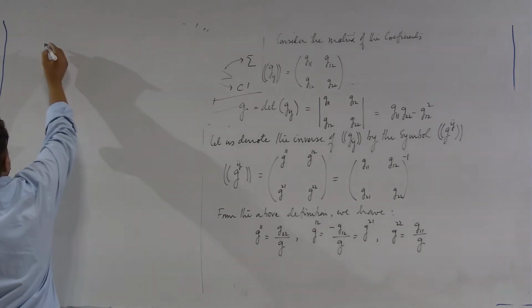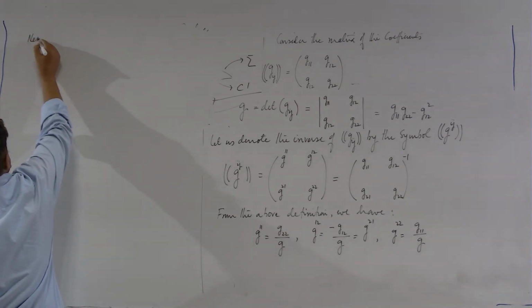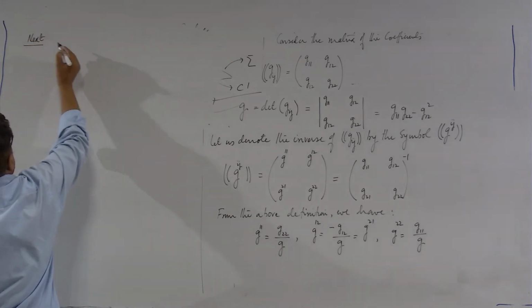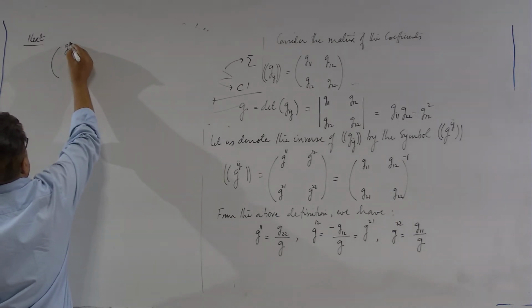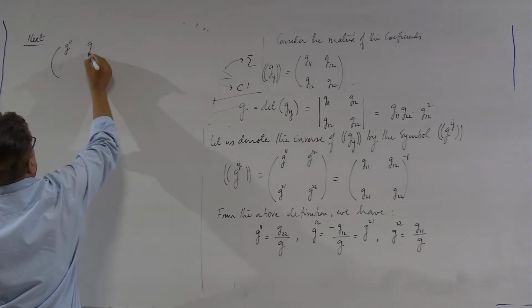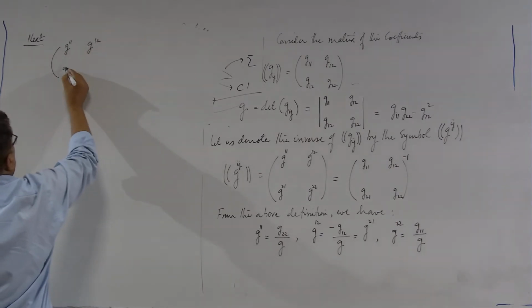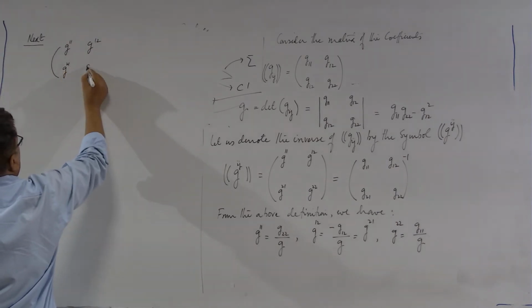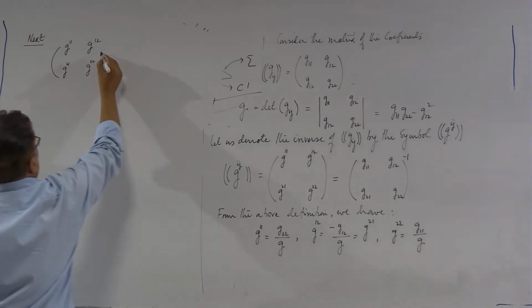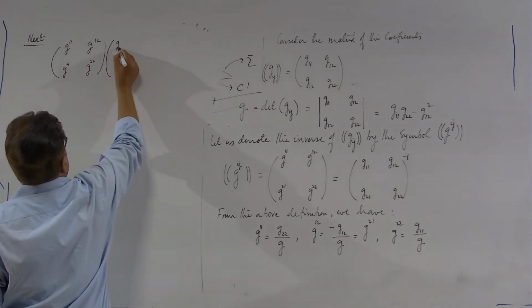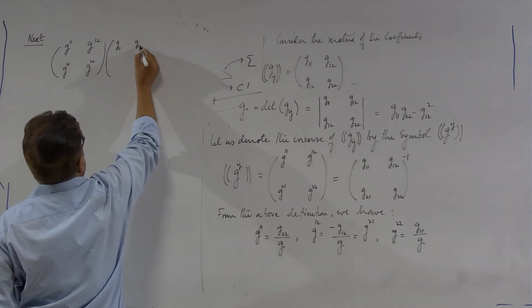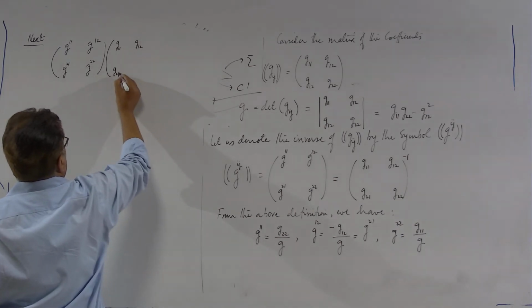So, next what I will do is consider the product. G upper ij means G upper 11, G upper 12, G upper 21, G upper 22, and I will multiply it by the G lower ij matrix, that is G11, G12, G21 and G22.